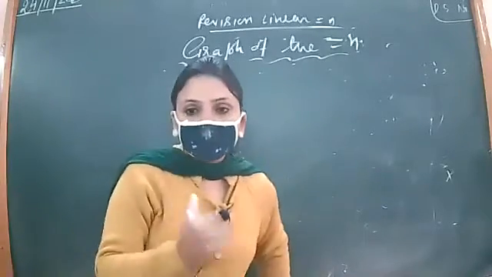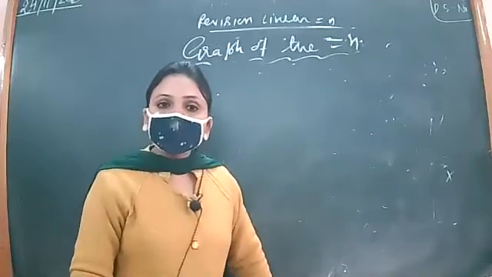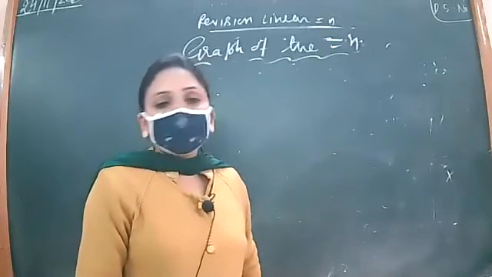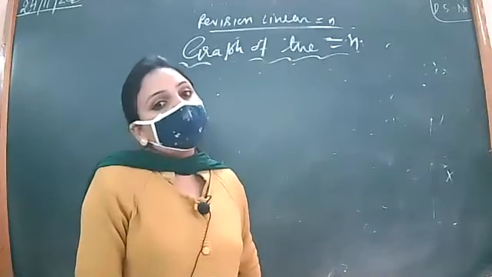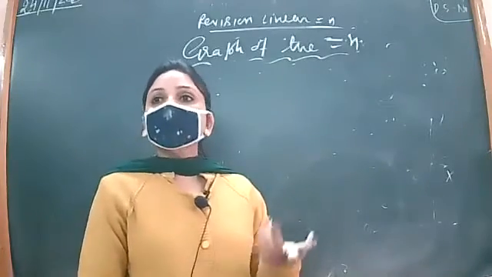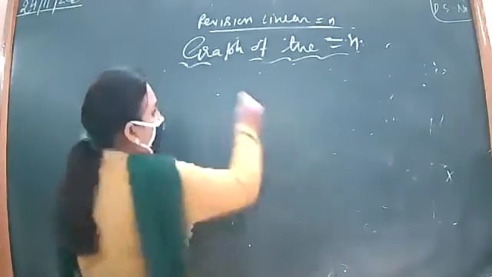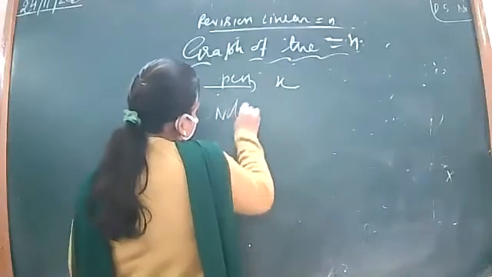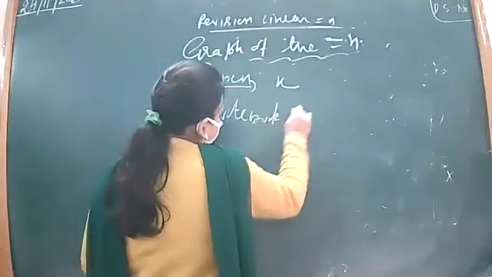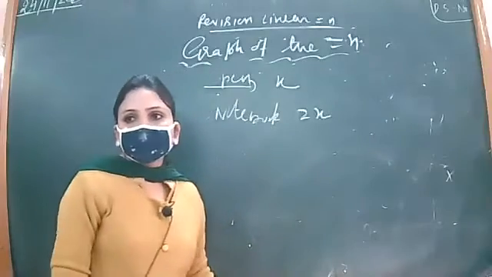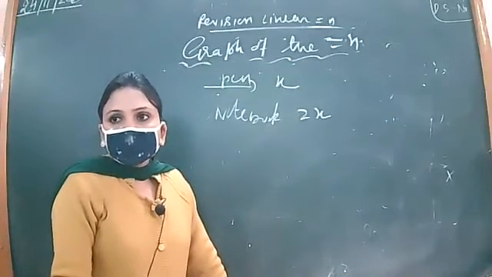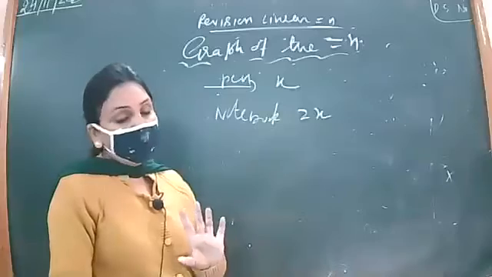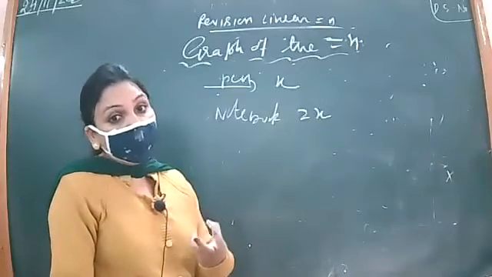For example, on that day I was discussing exercise 4.1 first question, the cost of a notebook is twice the cost of a pen. Earlier what we did was: cost of pen x, notebook 2x. But this time this is to be avoided. We can't do this because we need two variables.